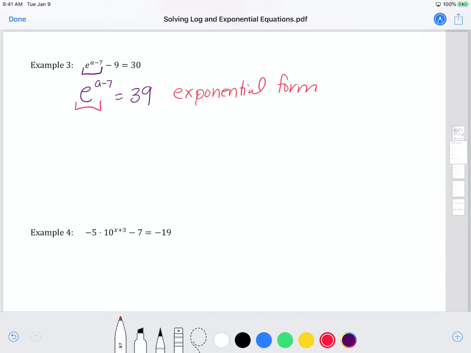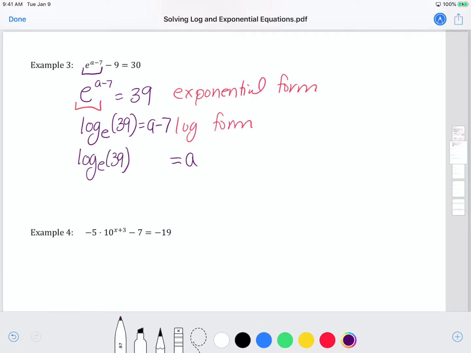And now that I have it in exponential form, I want to put it in log form. My base is e, so this is going to be log base e of 39, and my exponent is a minus 7. So now to solve for a, I have to add 7 to both sides. So a is going to be log base e of 39, and then I take that answer and subtract 7.